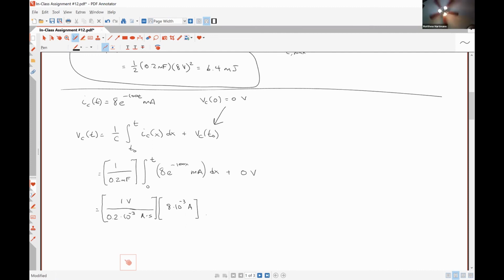When I integrate an exponential function, what do I need to do? So the e to the negative 100 will be the same, but it's going to be 1 over negative 100 afterwards. Yeah, the integral of e to the alpha x is 1 over alpha e to the alpha x.